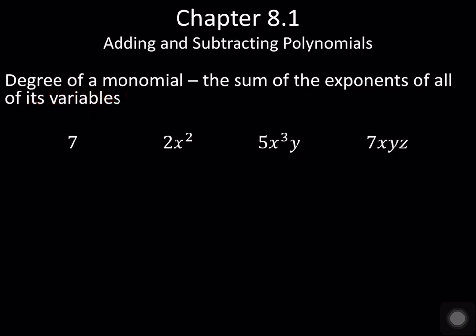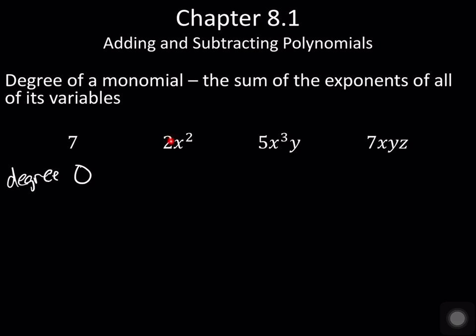So here are several monomials. Okay, so the degree of this monomial. Well, I don't see any variables, so the sum of their exponents has to be just 0, right? So this monomial has a degree of 0.